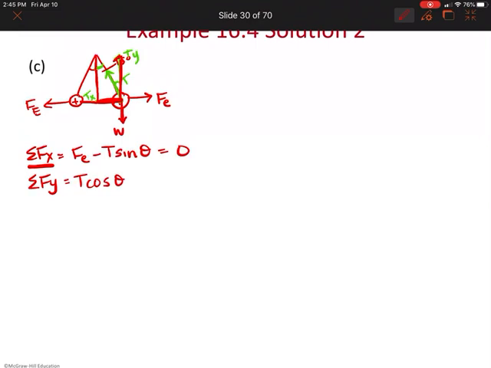And you also have this weight that's going down. Remember, whenever you're doing weight, it's mass times gravity. So I'm just breaking that down a little bit further.